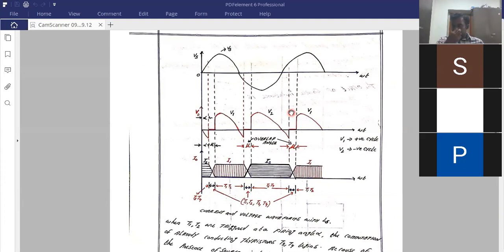When you consider these power electronics subjects, first you need to draw the circuit clearly. Second, you need to draw the waveforms, and third, you need to explain the operation in your own words. That means if you are familiar with how the current conduction happens, from which instant to which instant the particular devices are triggered and conducting, you can write it in your own words.